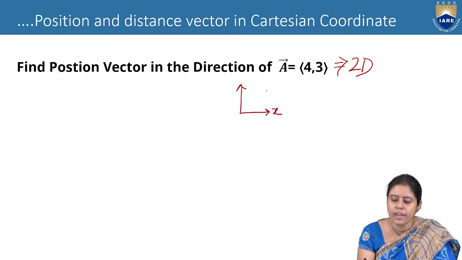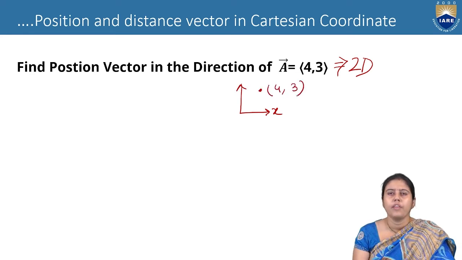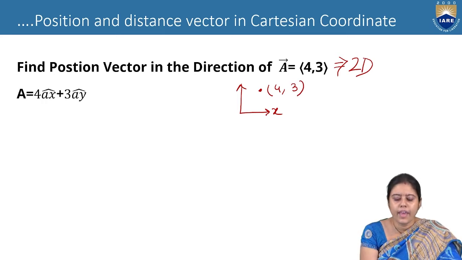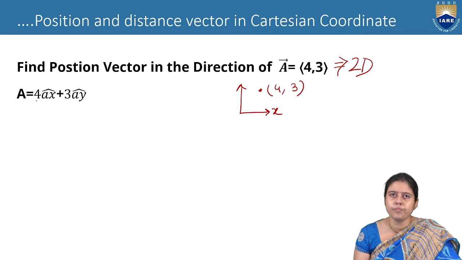The x, y point is (4, 3). So what will be its vector? The vector will be A. If we write it in bold, it also means it is a vector quantity. A is equal to 4ax plus 3ay.